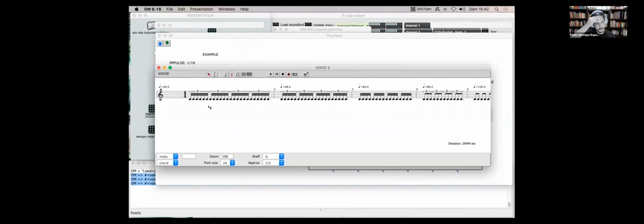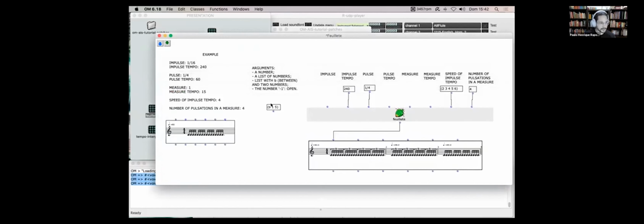Right? So this function, I think it's very interesting. It's possible to explore it more, changing the impulse tempo, the kind of written figure you want to use, and different measures. I think that's it.